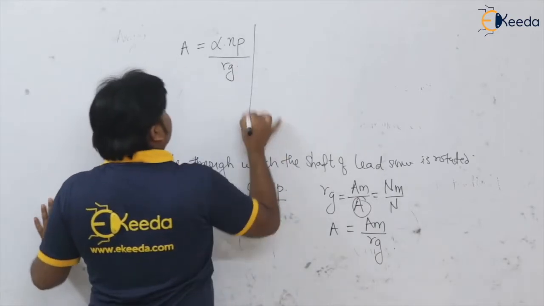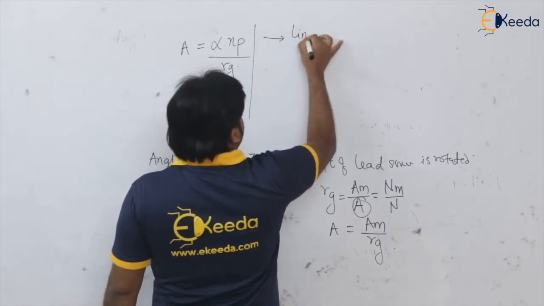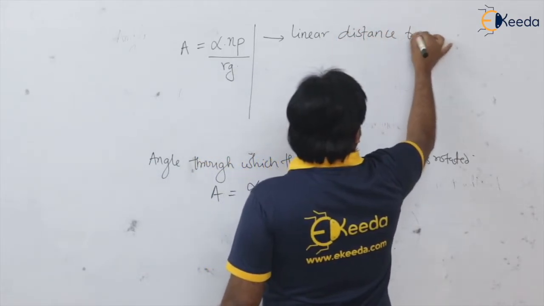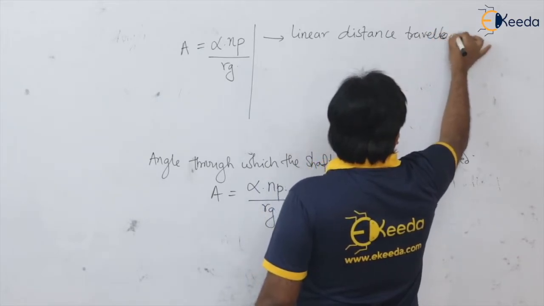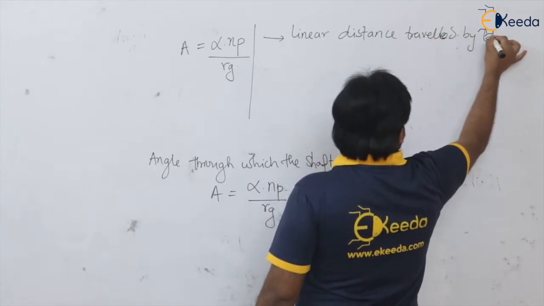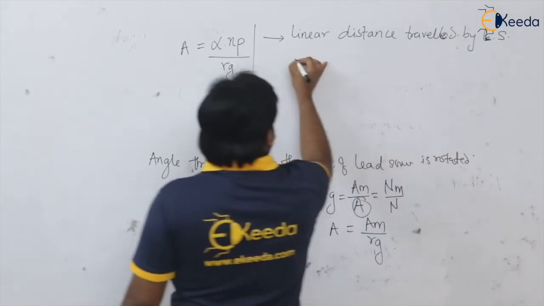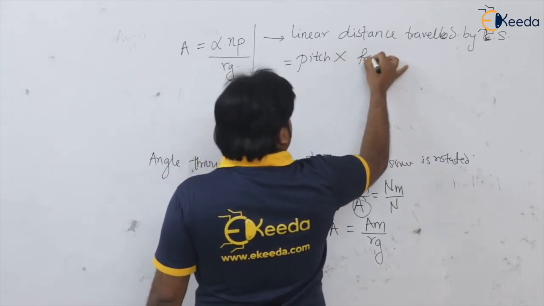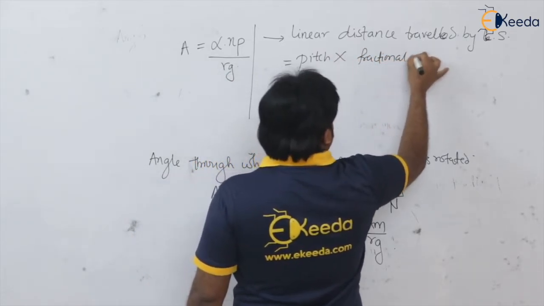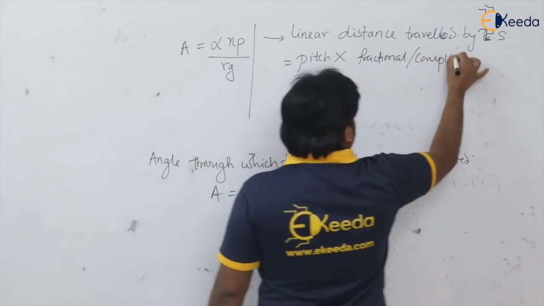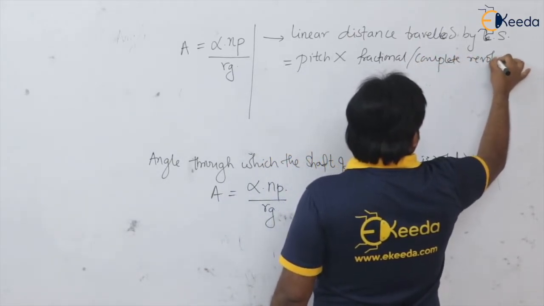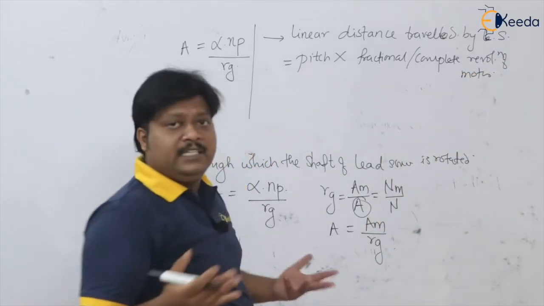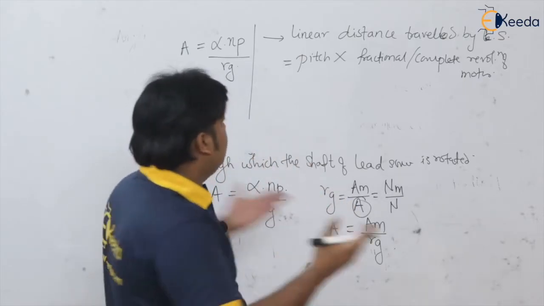Now say the linear distance traveled by our lead screw, LS, is equal to the pitch into fractional or complete revolution of the motor. We know that pitch into revolutions gives the linear displacement of the lead screw.